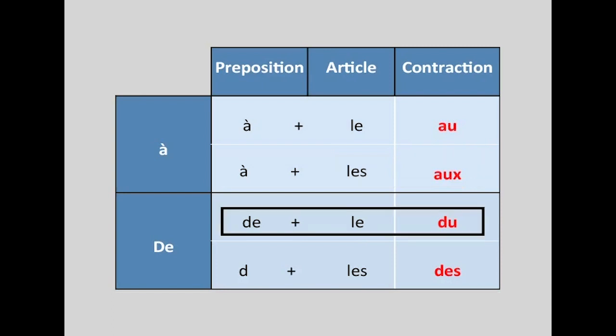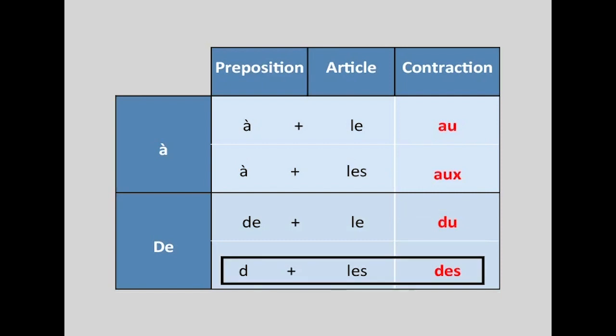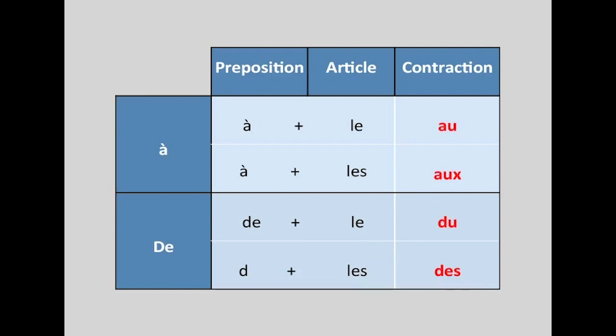The preposition de plus le contracts to du, and the preposition de plus les contracts to des. AU and AUX are both pronounced as O, but AU precedes a singular noun while AUX precedes a plural noun.